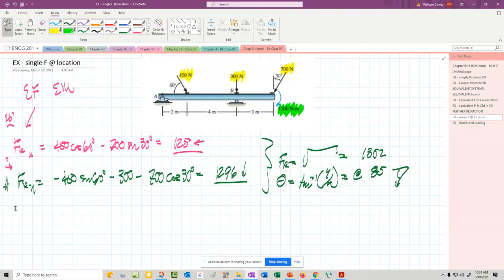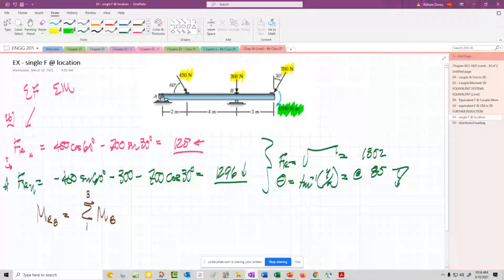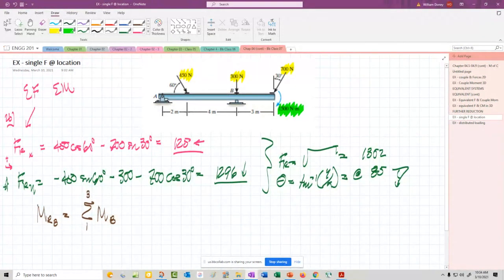All right, so we have the resultant force. We're going to set up the resultant moment at B equal to all the moments set up by those three forces at B. On this side, we have that 1296, because that component does nothing about a moment about B because they're all going at that level.